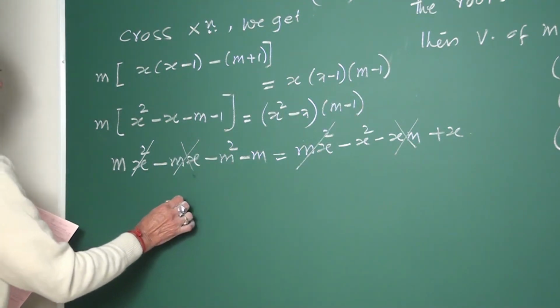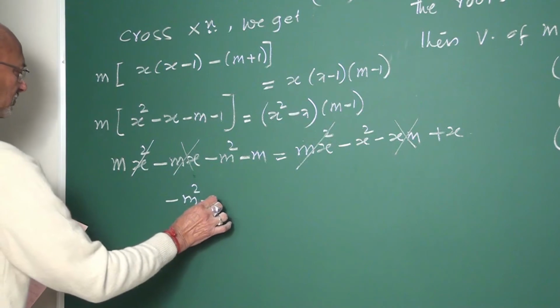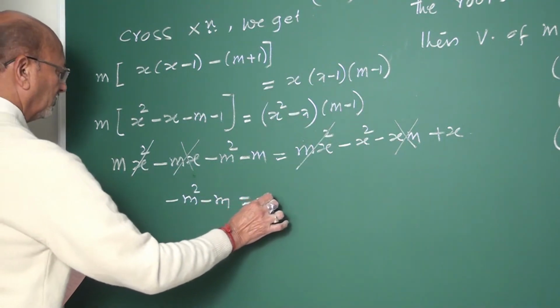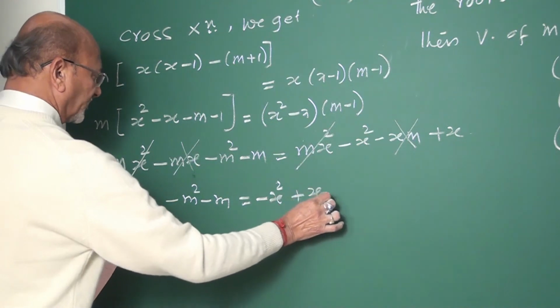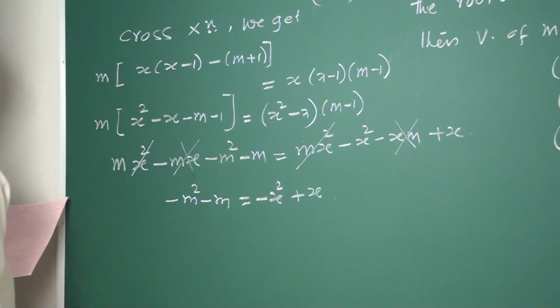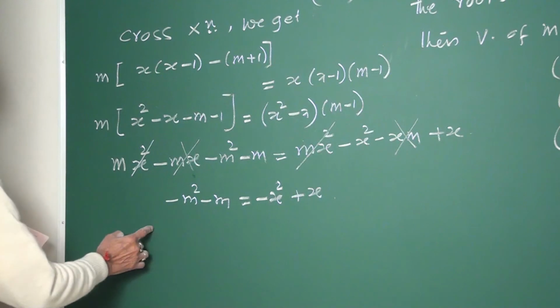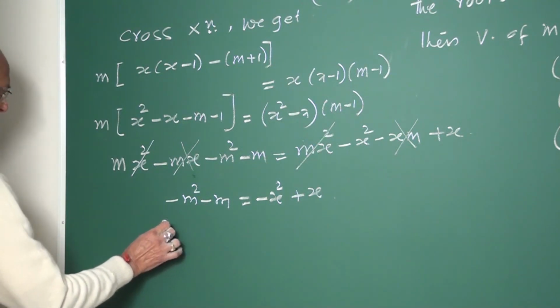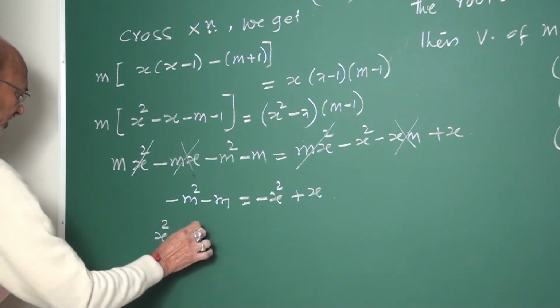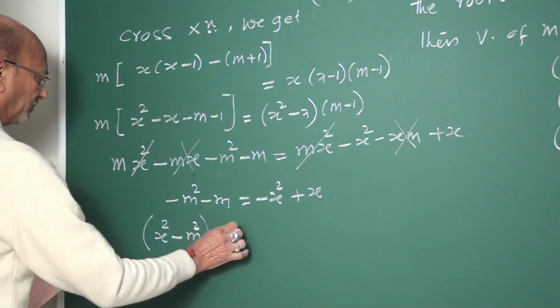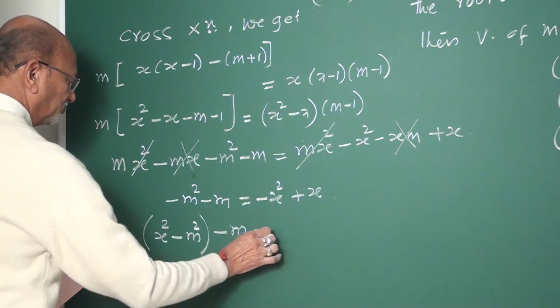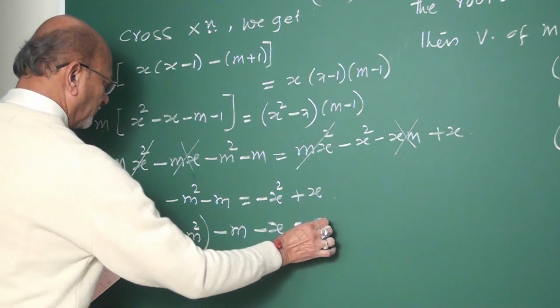Minus m square minus m minus x square plus x. Simplify, bring this side. It becomes x square minus m square minus m minus x equal to 0.